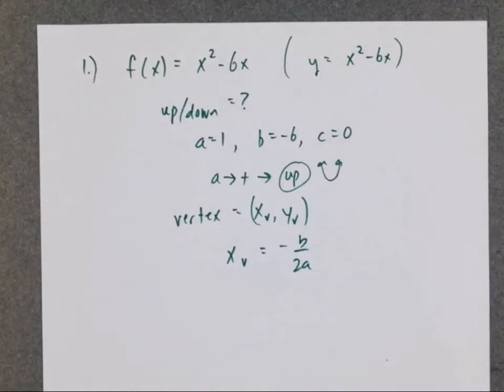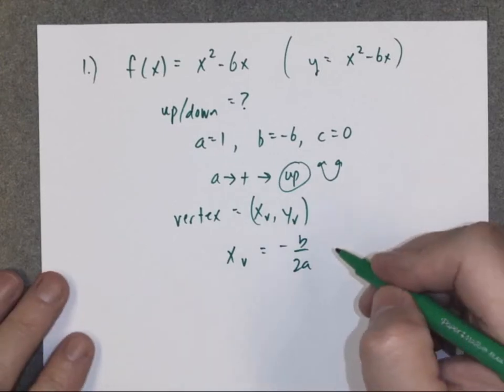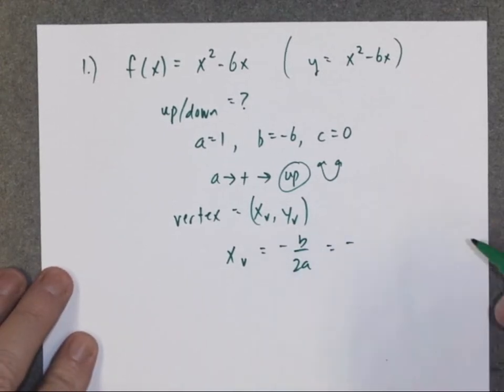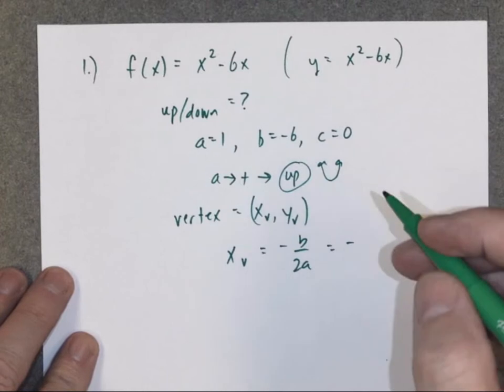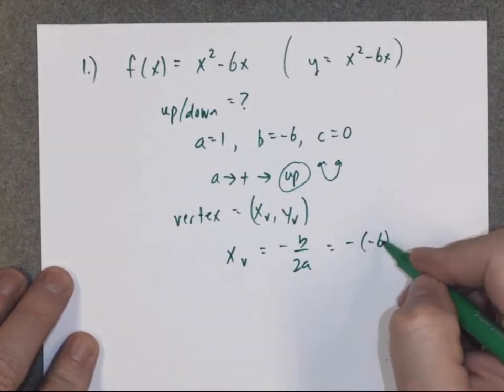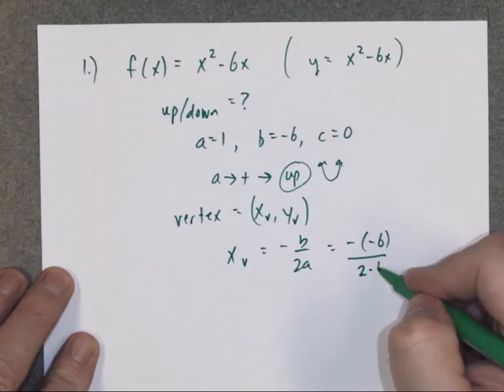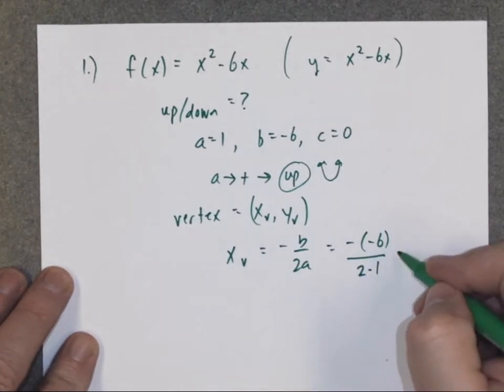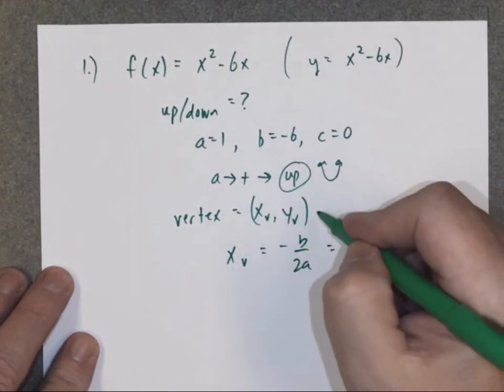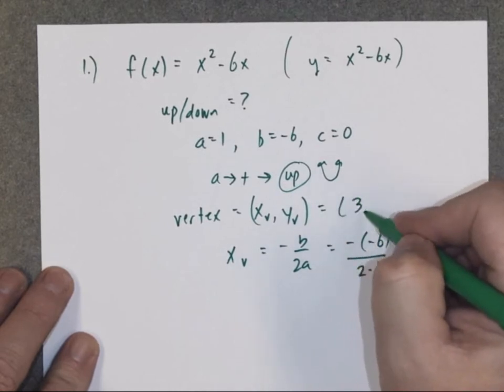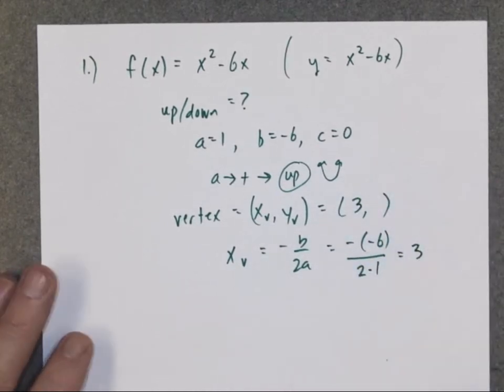You will not be given that, so you need to memorize it. For this problem, B is negative 6, so negative 6 over 2 times a. A is 1. So it looks like 6 over 2. It looks like the x of my vertex is 3.